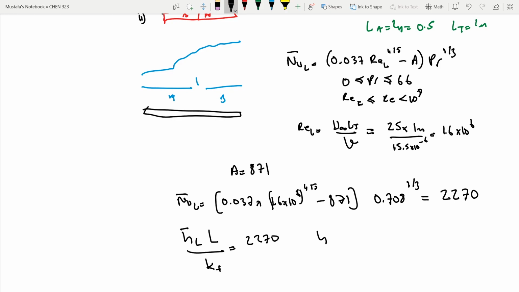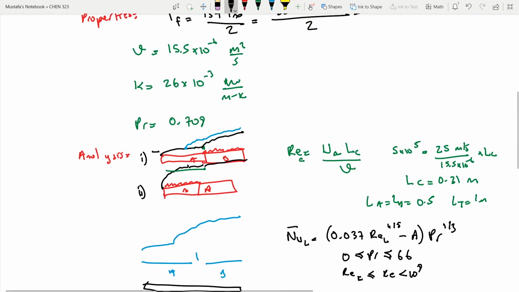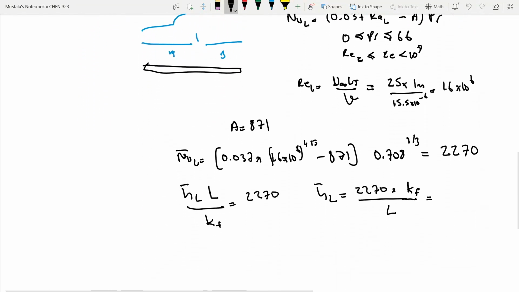What I'm trying to calculate is H L, and that is basically 2270 multiplied by Kf divided by L. If you plug in everything here, Kf we just saw, we wrote it down here, 26 times 10 to the minus 3, and this is 1 meter.